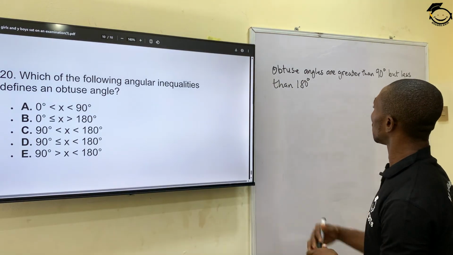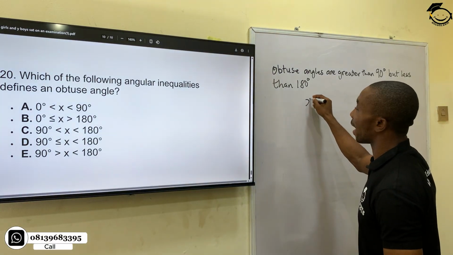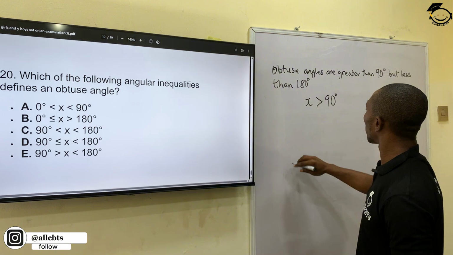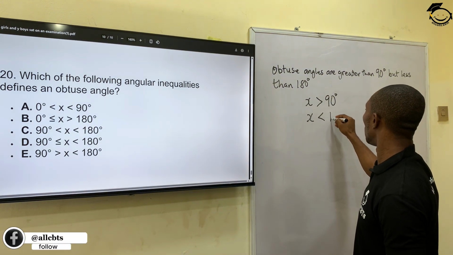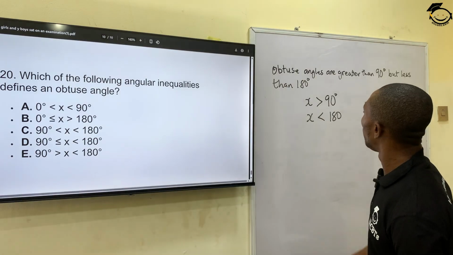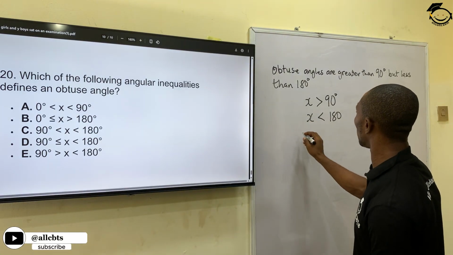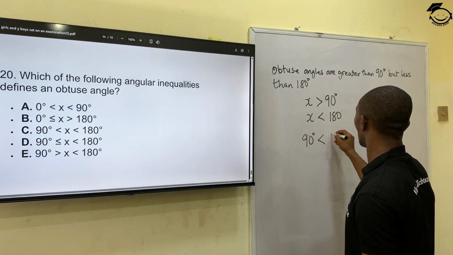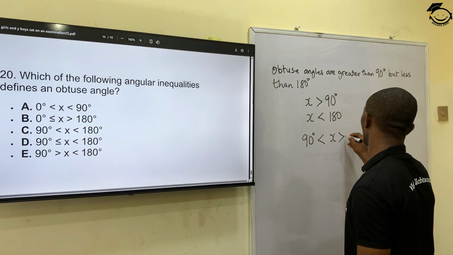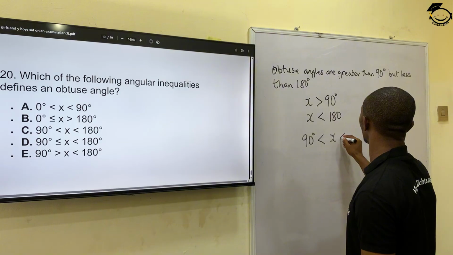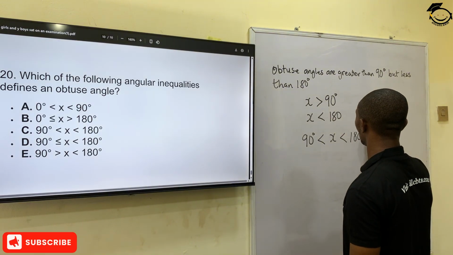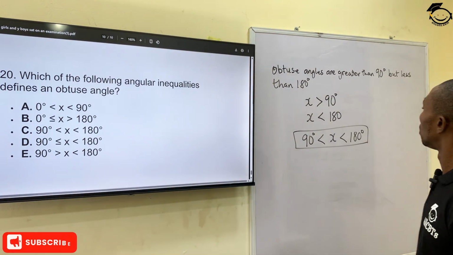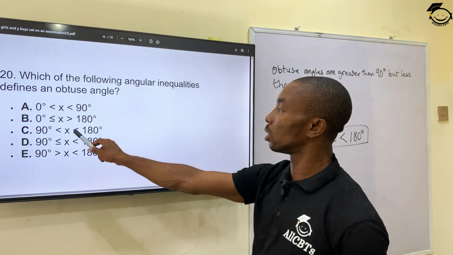Putting this statement in an inequality form, we can say x is greater than 90 and x is less than 180. So, putting this in solution form, this will become 90 degrees is less than x and x is less than 180 degrees. So this will be our solution for an obtuse angle, which is option C.